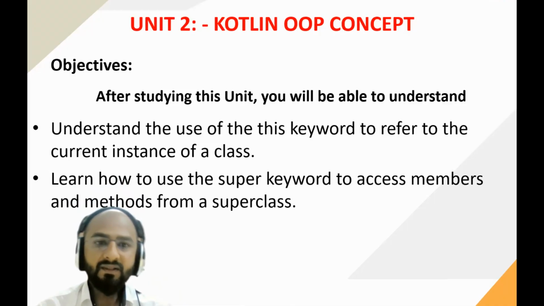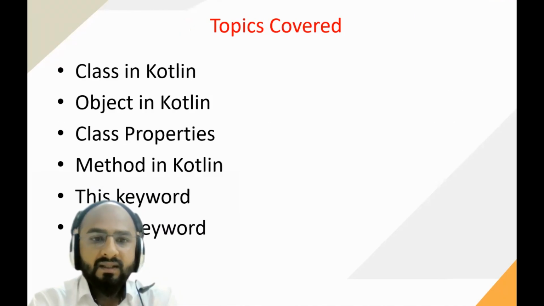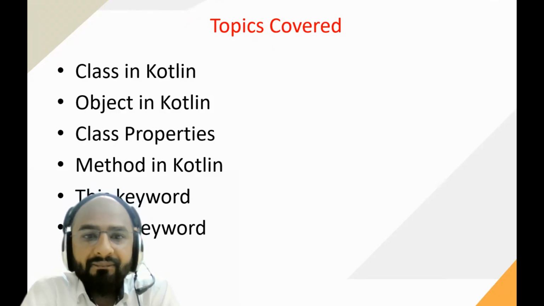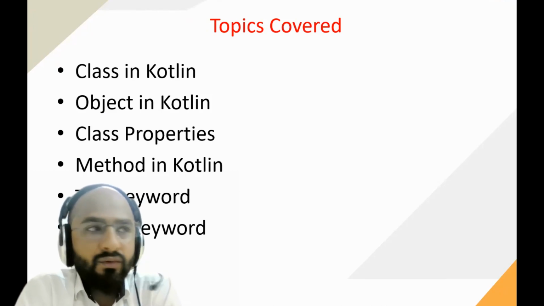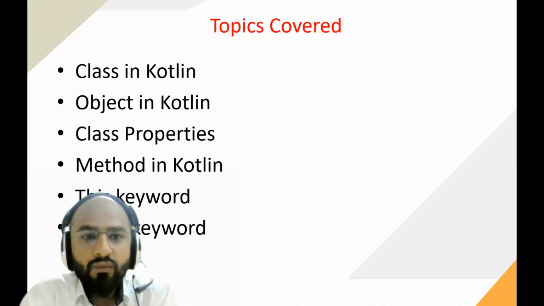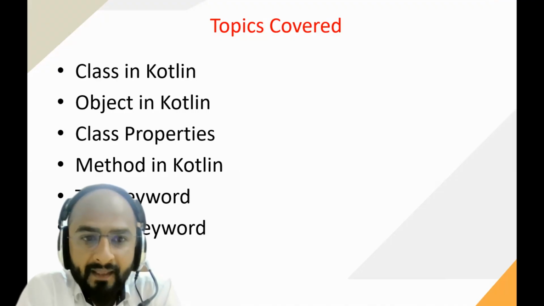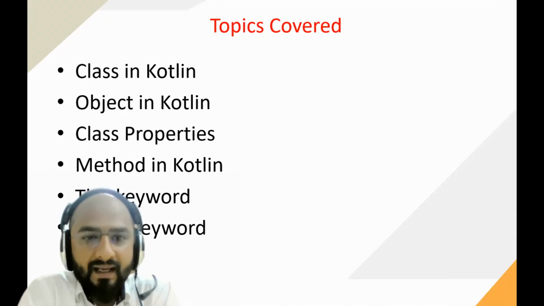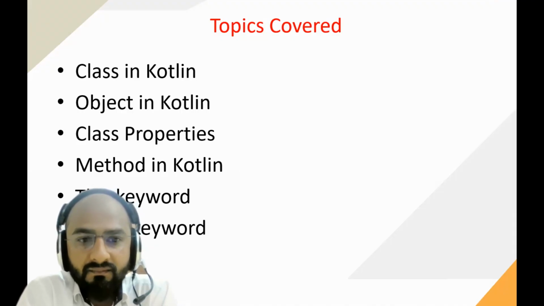Right. Next. So these are the topics that we will cover in this lecture. Class in Kotlin: what is a class and how to declare a class in Kotlin, and what is the syntax to define a class. What is an object and how to create an object of a particular class; we will understand with the syntax.